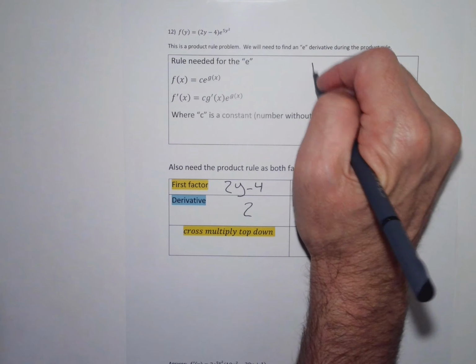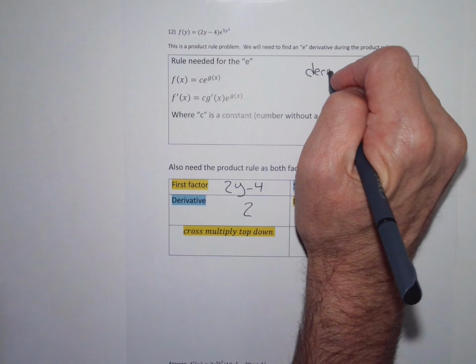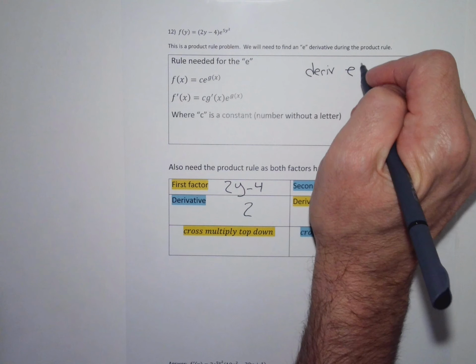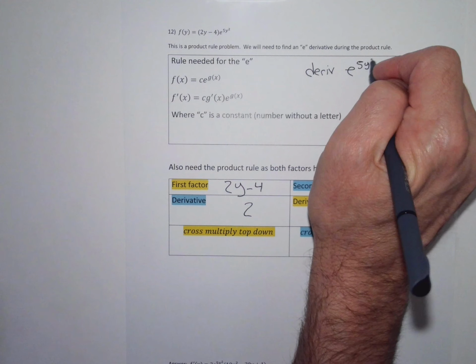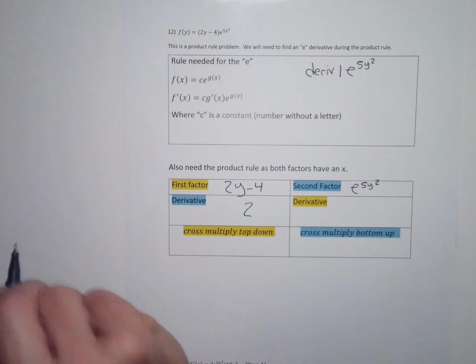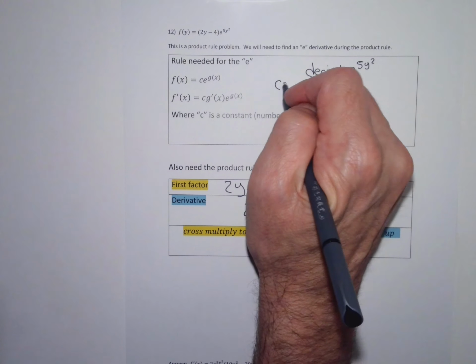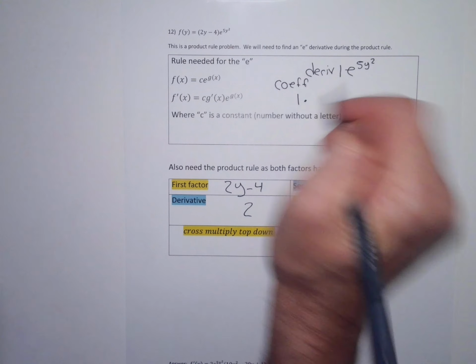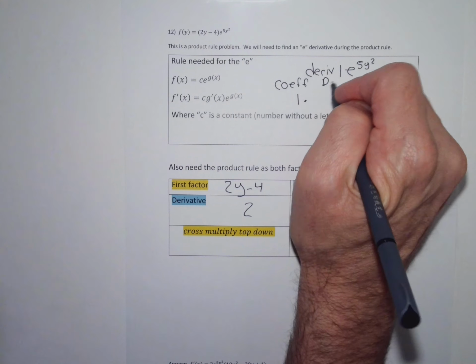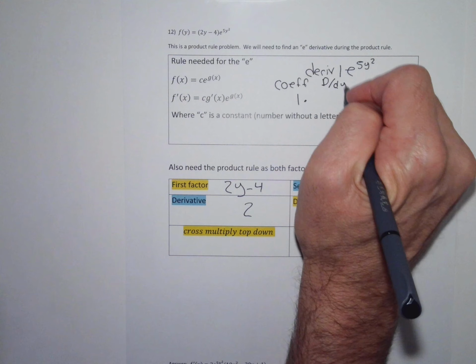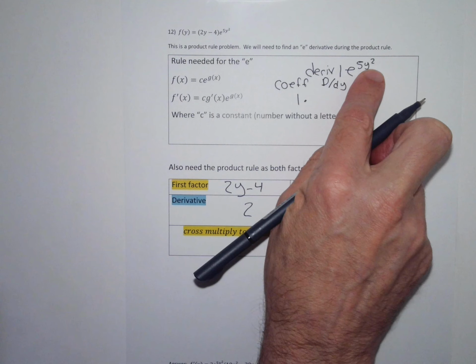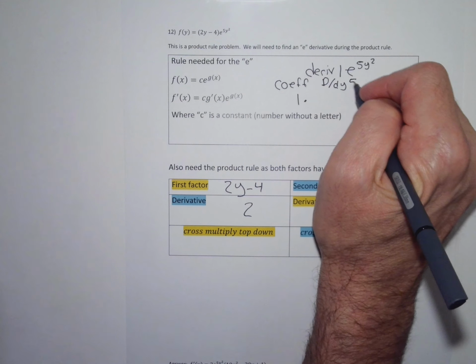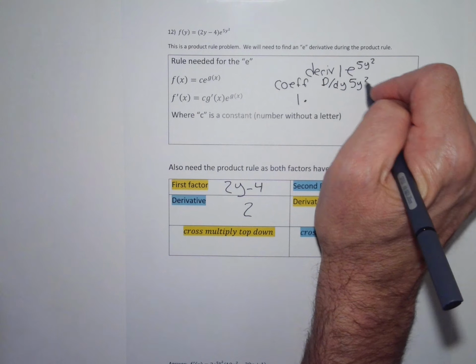And to find the derivative of e to the 5y squared, and again it's 1 times e to the 5y squared, it's going to be the coefficient of 1, that's not necessary, times the derivative of the exponent. I wrote d dy because the exponent has a y, so times the derivative of 5y squared.